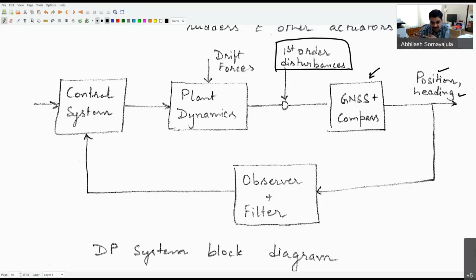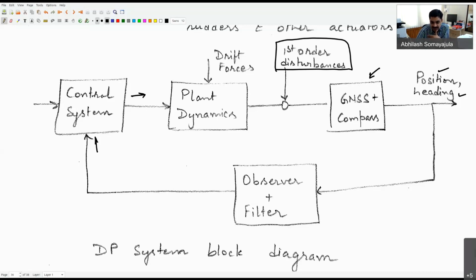Now we take this position and heading and pass them through a Kalman filter and a low pass frequency filter, so that we can filter out the high frequency stuff and we are left with the low frequency signal at the end of it, which we then feed into our control system here. And our control system takes an action based on that, which will try to compensate for all the drift which is happening in the system.